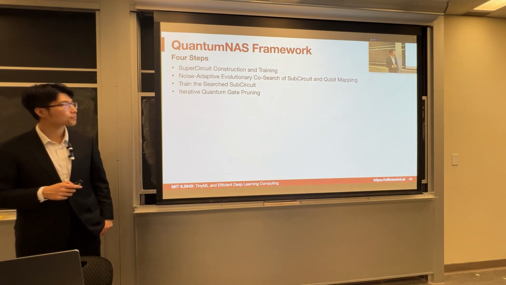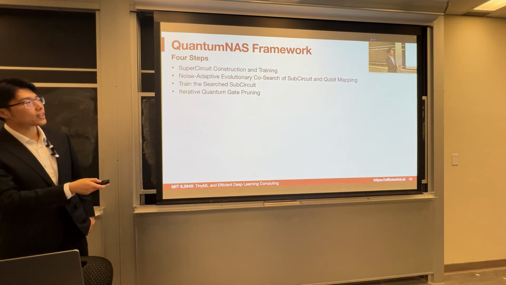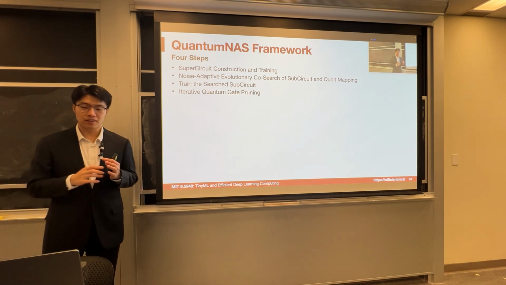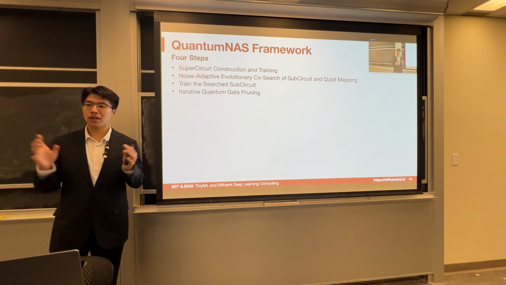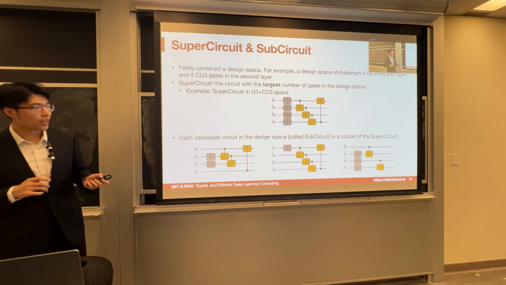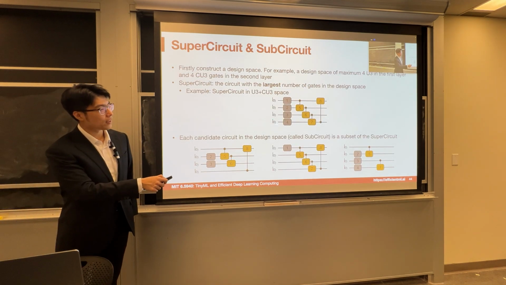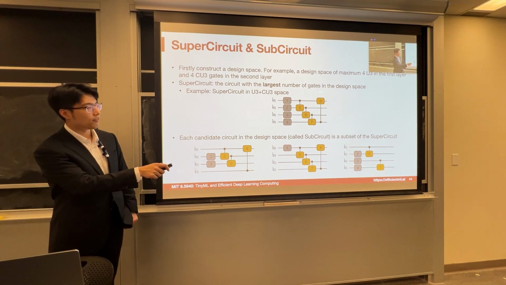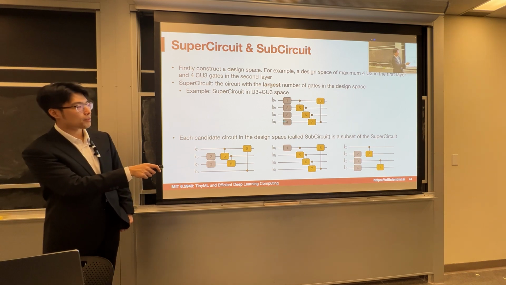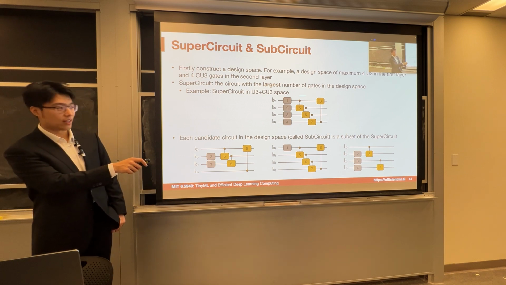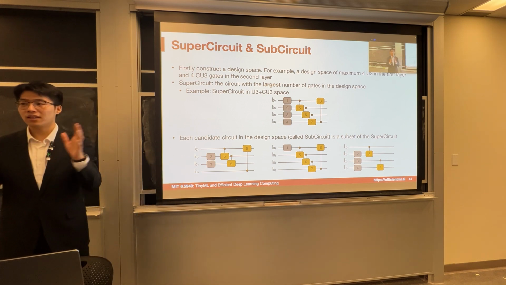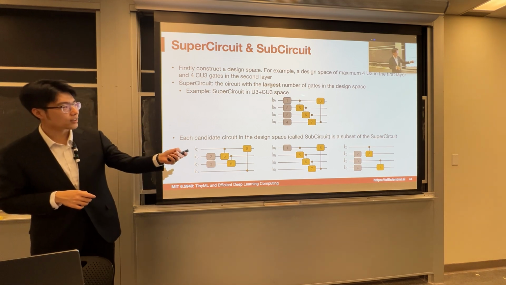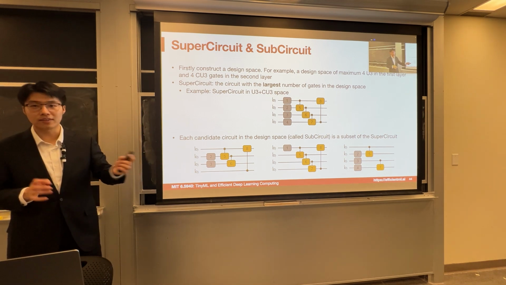For the first, parameter sharing process, we are using a circuit that is called a super circuit. Say you have a large design space; here we give a simple example. In this design space, I want to have the choice to select an arbitrary subset, because you can always construct a large enough design space that encompasses all the possible gates in the structure.